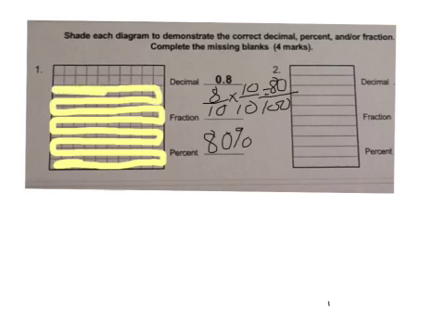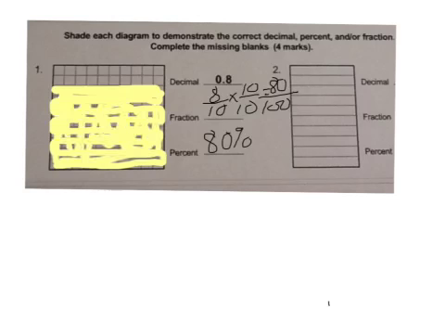And I want all the rest that's colored in too. Okay, I'm not going to spend the time right now, but that would be what 8/10 or 80/100 looks like.